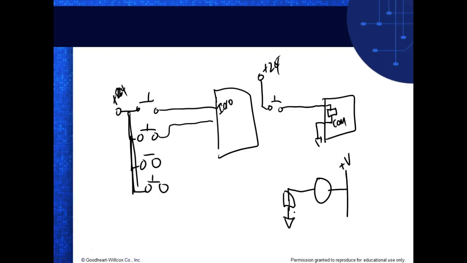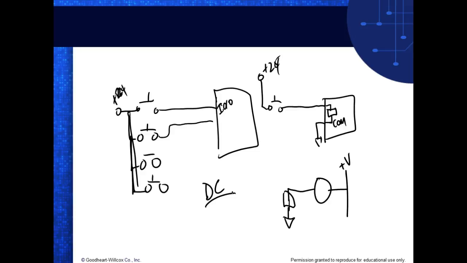Now, this only comes into play when you're dealing with DC. With AC, there's no such thing as sinking and sourcing, because we establish anything we want as common, but it's still AC. And really, AC has no polarity, right? Actually, it does have a polarity, but it's not obvious to us because it's switching so fast.